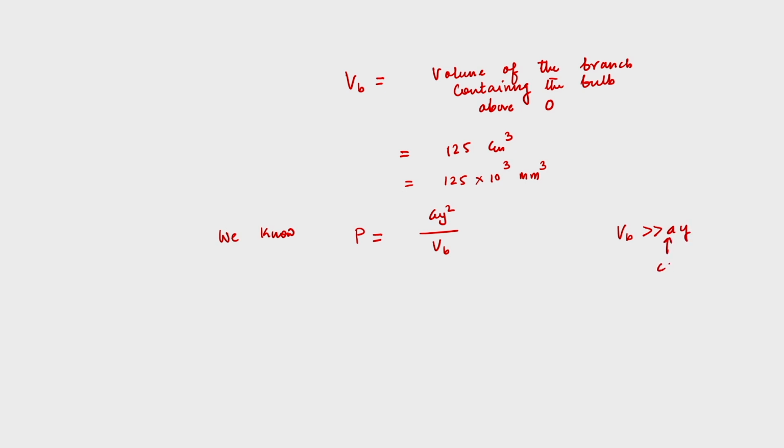A is the cross section area of the capillary, and Y is the capillary distance, the length of the region containing the gas, that is what we would like to measure, right.